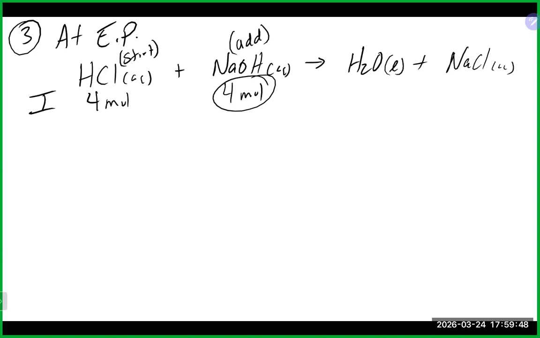You could use a little M1V1 equals M2V2 action, and you could use your acid and your base molarity there to figure it out. If you want, you would also know the molarity most likely of your sodium hydroxide, which is moles per liter. And since you know the molarity and you know it has to be equal numbers of moles, you could just rearrange the molarity formula and solve for volume and figure out how much you need there. So sometimes, like I said, you will need to do a little calculation to figure out how much volume to reach the equivalence point.